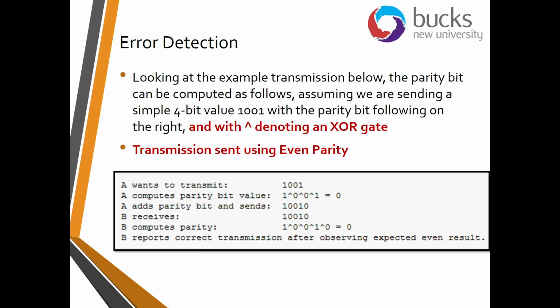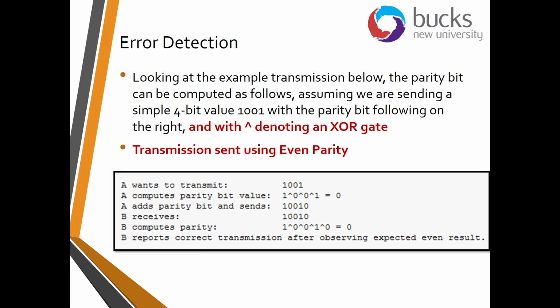We're sending 1001, and our parity is being generated. Computer A wants to transmit 1001. It computes that the parity bit value required under an even system would be 0 in this case, and adds that to the data being sent.